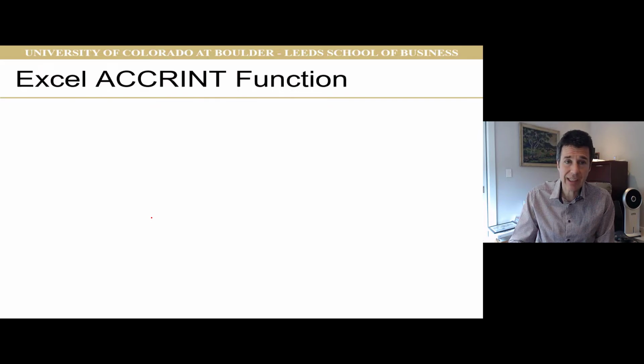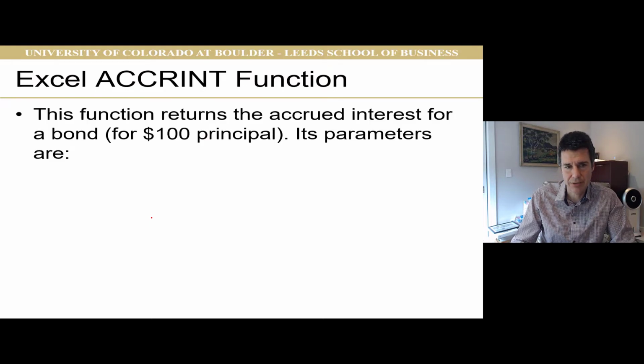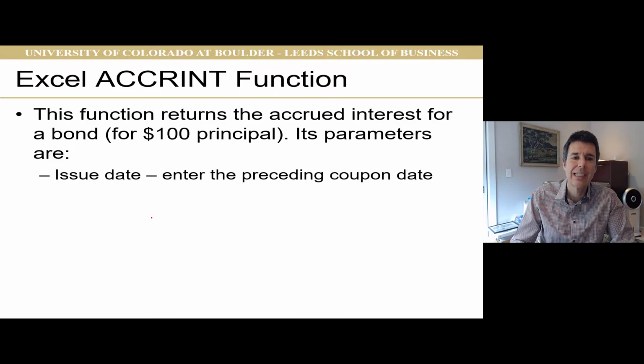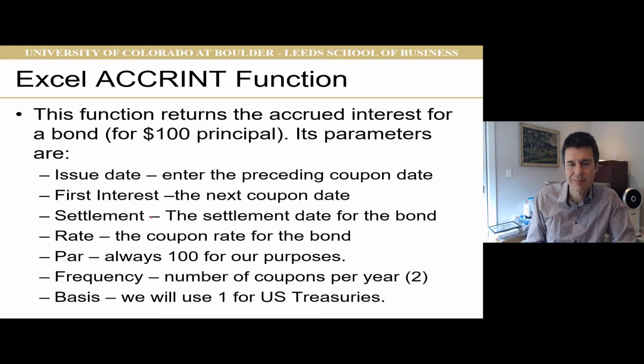Now, Excel has a function, ACCRINT, which will do this calculation for you, but it has a slightly weird first 2 parameters. The first 2 parameters in this are issue date and first interest. These are misleading names.